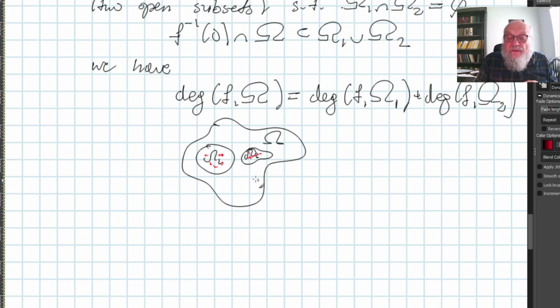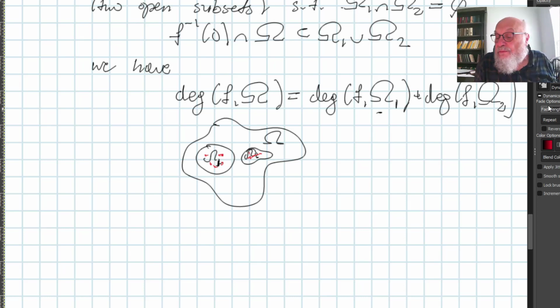In such a case, this condition is telling you that the degree is a kind of algebraic count, counting first the solutions in omega 1, then the solutions in omega 2, and adding up the results, which gives you the degree of omega, in omega of M. So this is the first property.